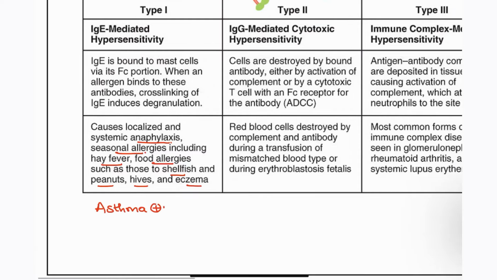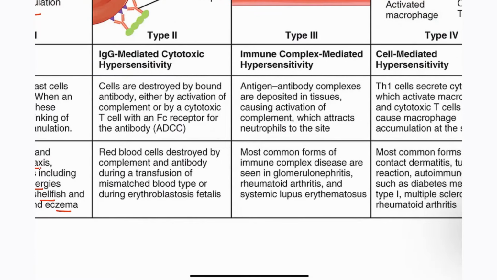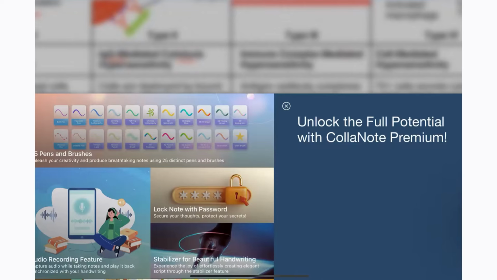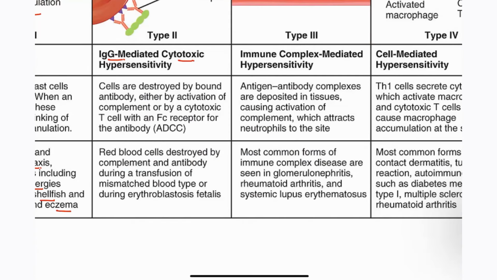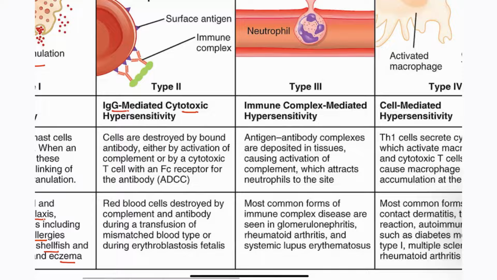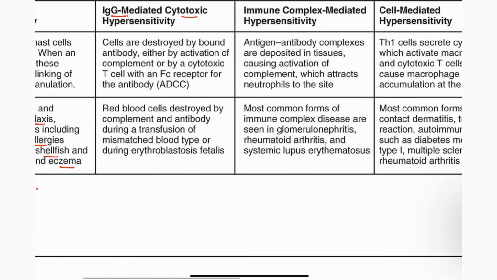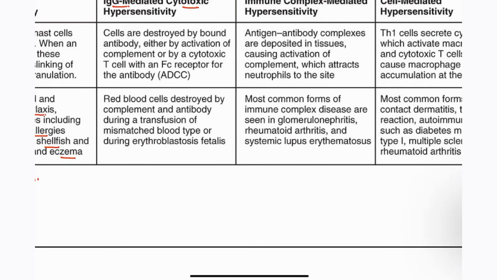Next, type 2 hypersensitivity reaction. It is associated with IgG, cytotoxic. Okay, basically they are going to be associated with antibodies, right? They carry the antibodies and attack especially the cell membrane. And what are the examples, guys? Most of the patients with blood transfusion reactions, okay, most of the blood type transfusion reactions, all going to be IgG.